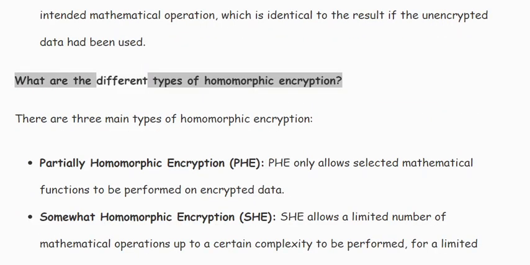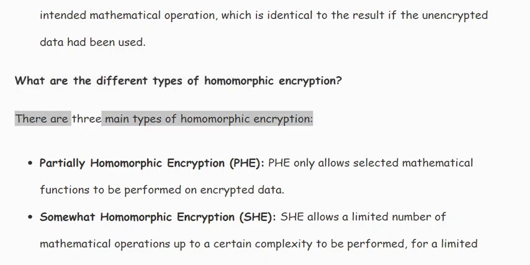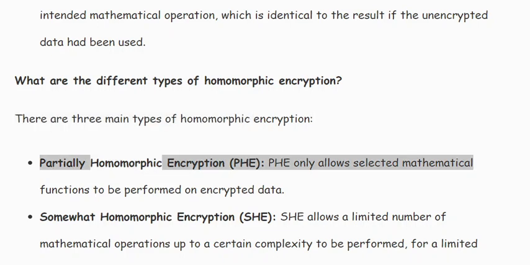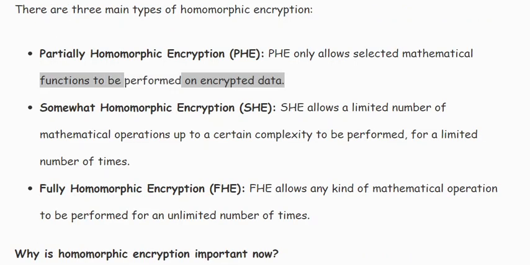What are the different types of homomorphic encryption? There are three main types of homomorphic encryption. Partially homomorphic encryption (PHE) only allows selected mathematical functions to be performed on encrypted data.